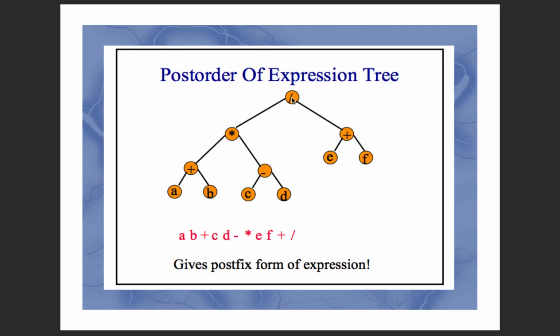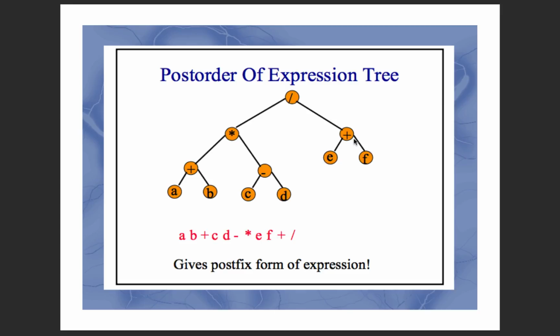We start here. Since it's post order, we go to the left side, then left side, then left side. We print A, then we print B, because left and right, then we can print the root, the plus sign. So this is A B plus. After finishing this one, we go to the other side and print C D minus. After finishing this and this, we can print this multiplication.